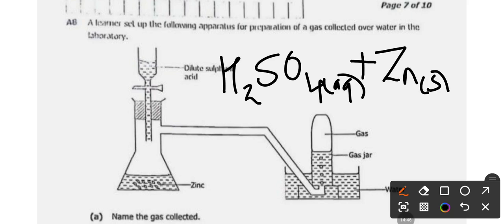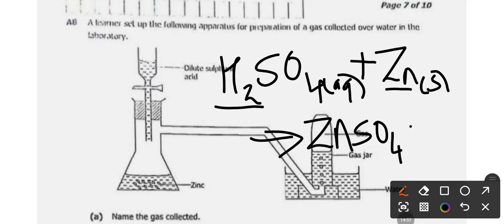Since it's a metal, it is in solid state. So what we'll have is that the zinc displaces hydrogen to form zinc sulfate plus hydrogen gas. The zinc sulfate is in aqueous solution and this reaction is balanced.